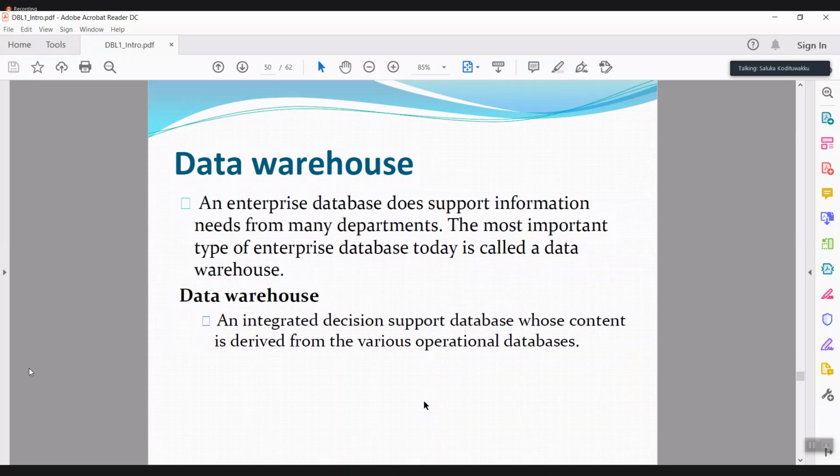Ideally, a data warehouse is an integrated decision support database, and its content is derived from various operational databases. You can view this data warehouse as a composition of not only enterprise databases, but a collection of databases. And then users can access or retrieve data from all of those databases.